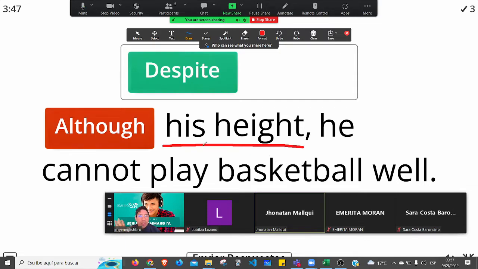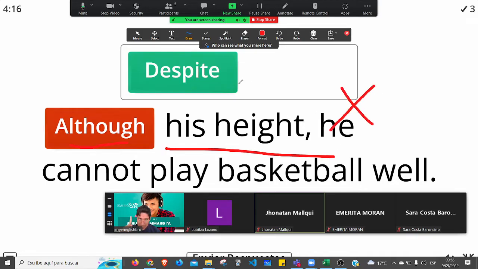Cláusula. La cláusula se define como una estructura que tiene sujeto y que tiene verbo. ¿Esto de aquí tiene verbo? No. Por lo tanto, no es una cláusula, viene a ser un noun. Ahora, ¿yo puedo usar un although con un noun? No, no se puede. Se puede el despite y el in spite of.